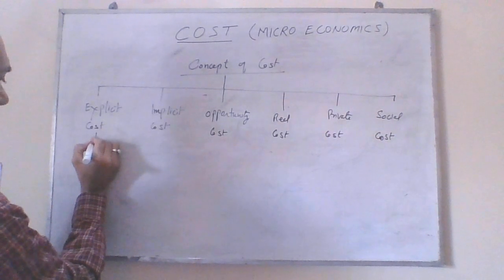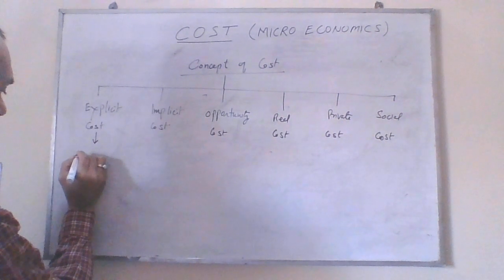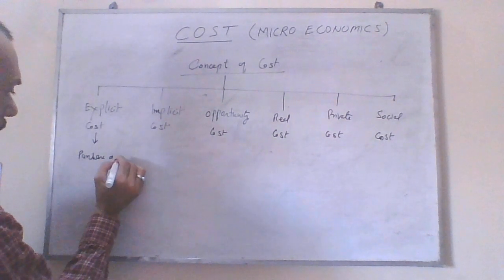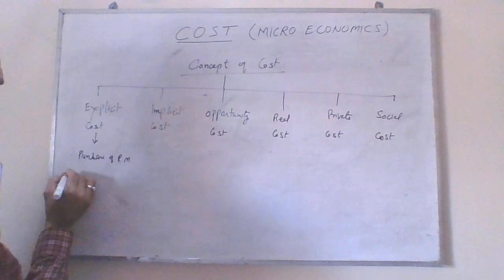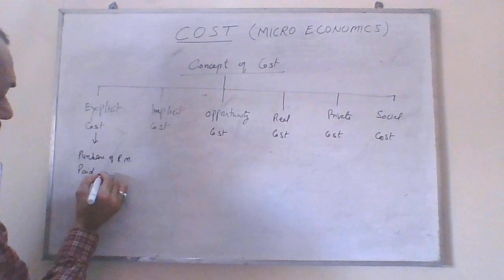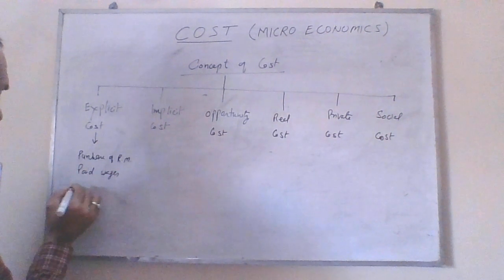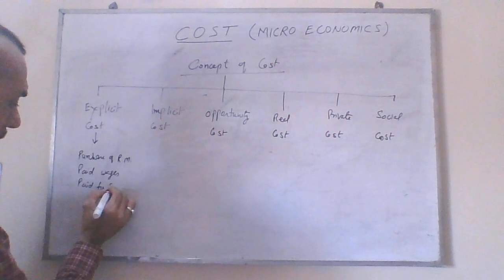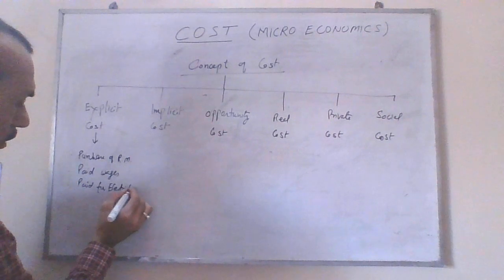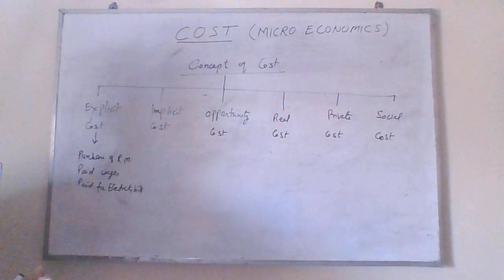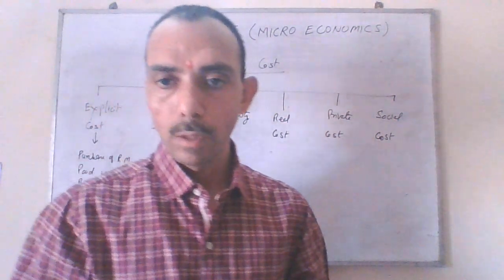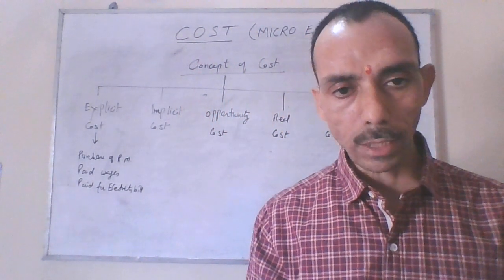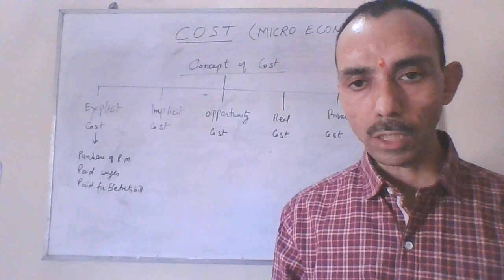For example, purchase of raw material, wages paid, the electricity bill, etc. These are examples of explicit cost. Explicit cost is the amount paid by the producer to outsiders for hiring their factor services.